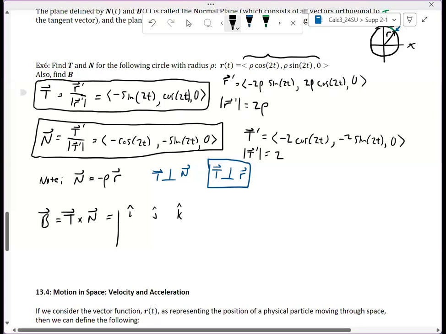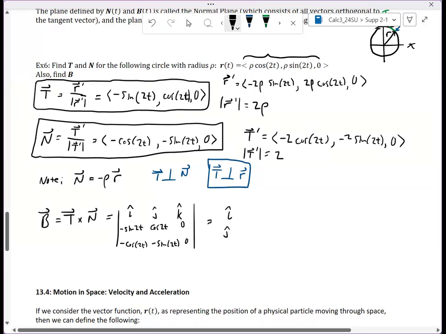Okay, so what is T? It has first component negative sine 2t, second component cos 2t, third component 0. And what is N? First component negative cos 2t, second component negative sine 2t, and third component 0.